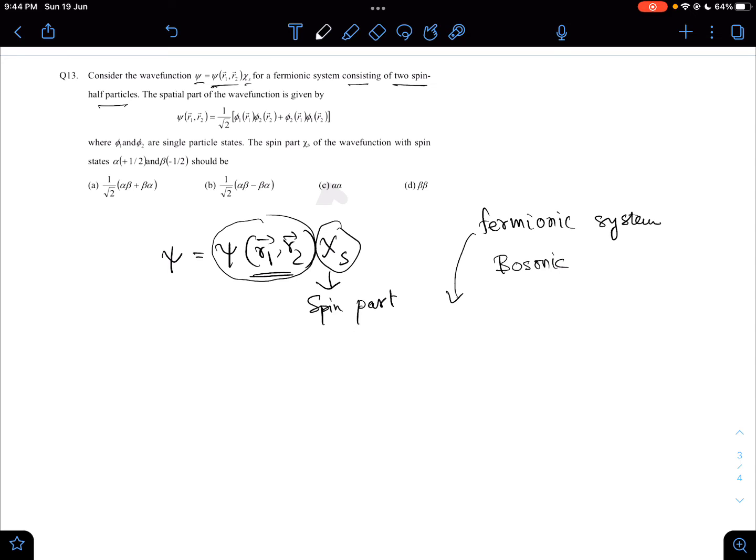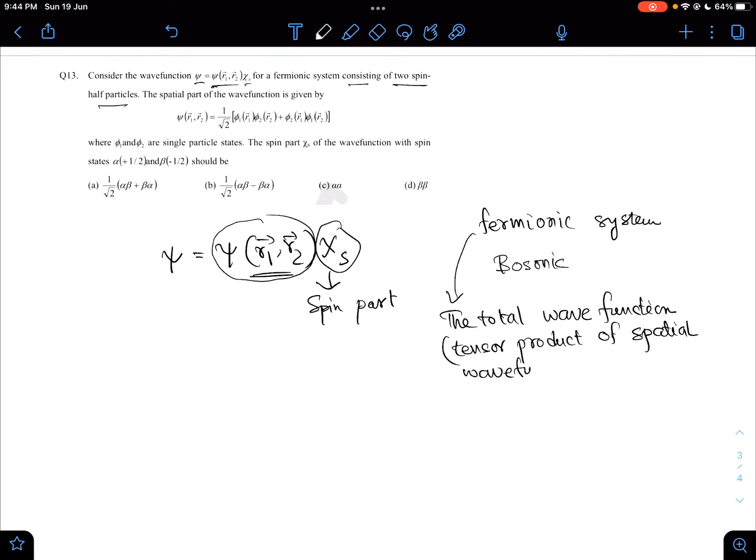We know that for a fermionic system, the total wave function is the tensor product or direct product of the spatial wave function and the spin wave function.